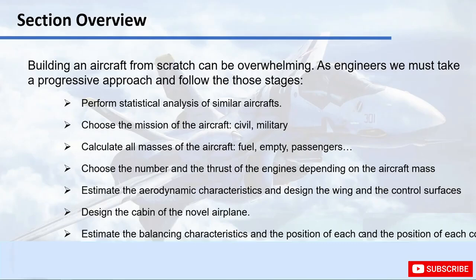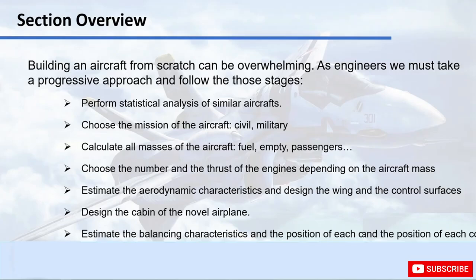Then you will need to decide how many engines you want your aircraft to have and estimate the thrust required for your aircraft to safely take off and land while having the maximum number of load and passengers.